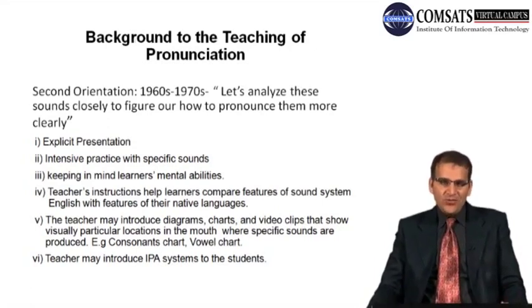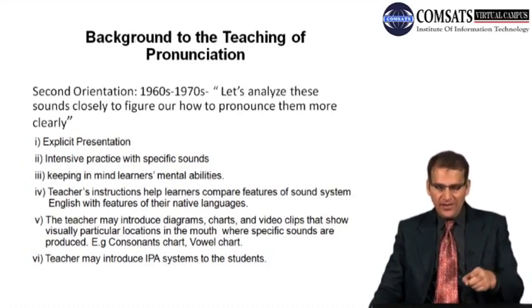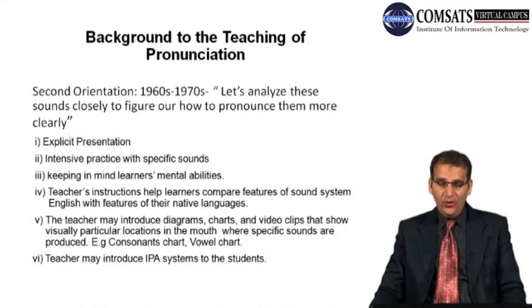Fine. And the second phase is from 1960s to 1970s. What happened? Let's analyze the sounds closely to figure out how to pronounce them more clearly. So here the teacher gave explicit presentations. I hope you understand.